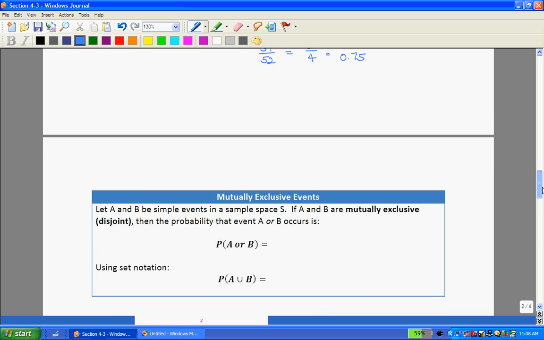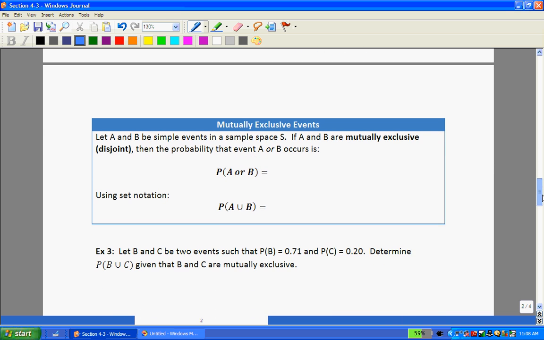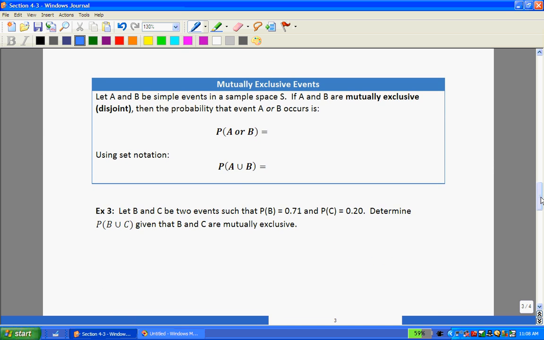So that leads us to something called mutually exclusive events. Let A and B be simple events in a sample space S. If A and B are mutually exclusive, you'll also see the terminology disjoint, that means the same thing, then the probability that event A or B occurs is the probability of A plus the probability of B. And we don't have that minus P of A and B. When you saw what happened to it, it went to 0.